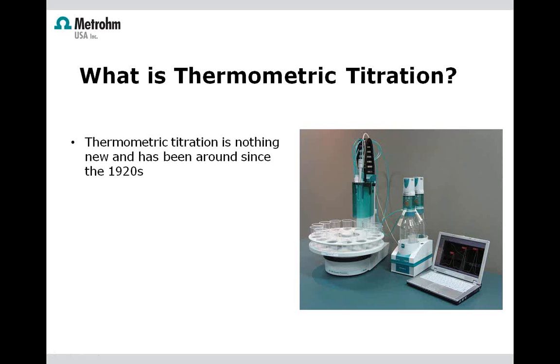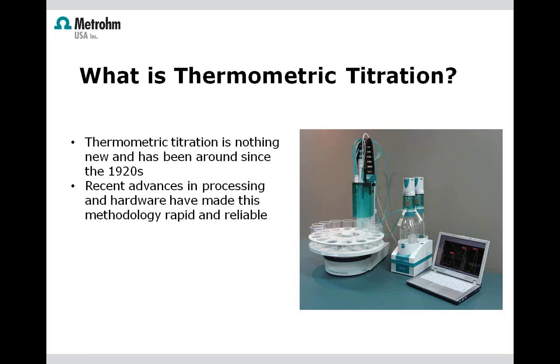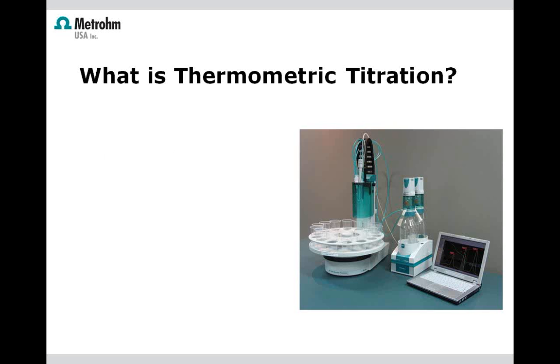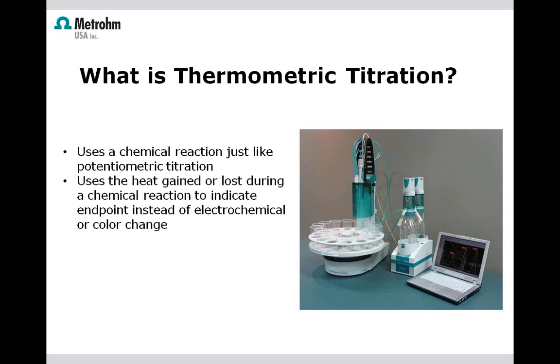Thermometric titration is not new. It's been around since the 1920s, but it's the recent advances in the processing and hardware capabilities that have made this methodology a rapid and reliable one. So what exactly is thermometric titration? Thermometric titration uses a chemical reaction just like potentiometric titration.